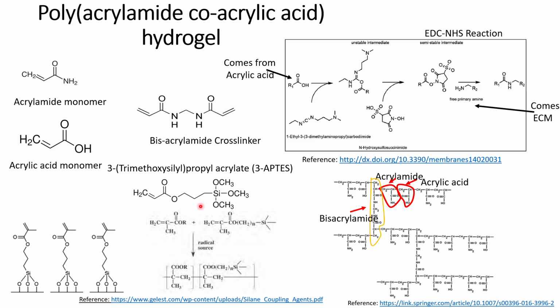The reaction is shown in the middle bottom area, where we can see that when the radical reaction occurs, this part from the polymer can interact with this part on the functionalized cover slip.